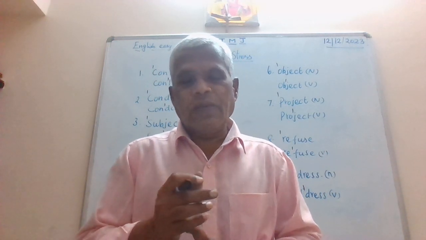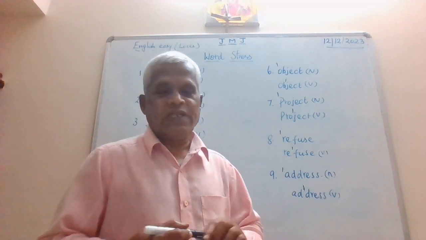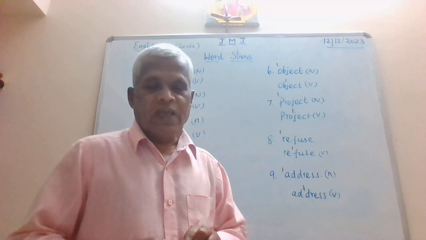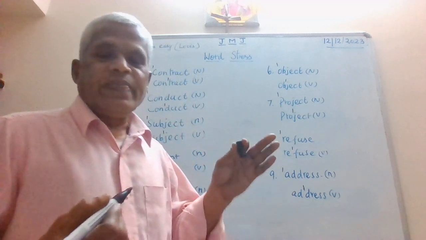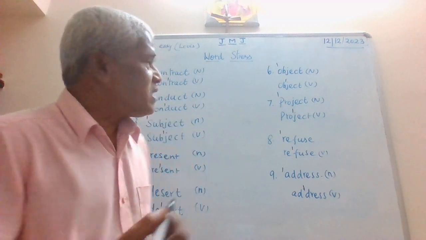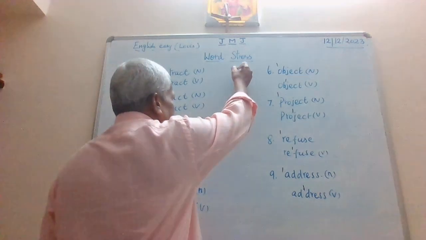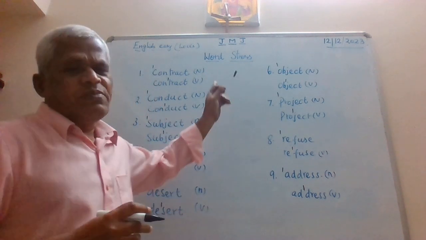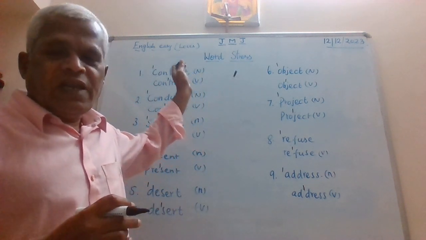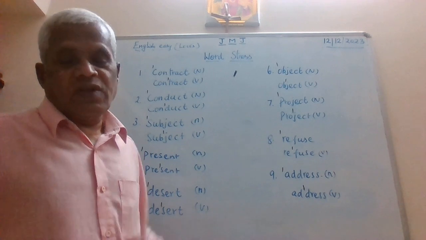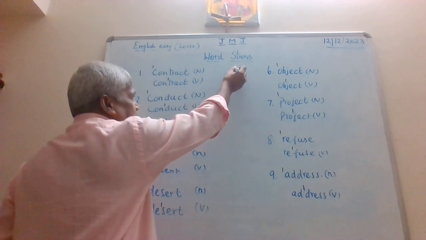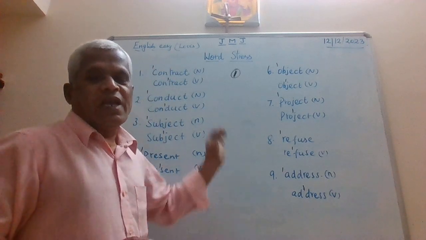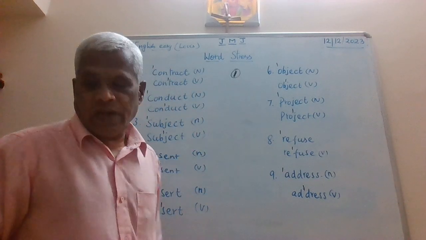Sometimes they may not show you the stress as we see in today's lesson or today's class. The symbol stress is given like this, like an inverted comma at the top of, see? So you may not be able to see. So the symbol is given like this at the top of every syllable there. So depending upon the place where this symbol is placed, it can function as a verb and noun there.